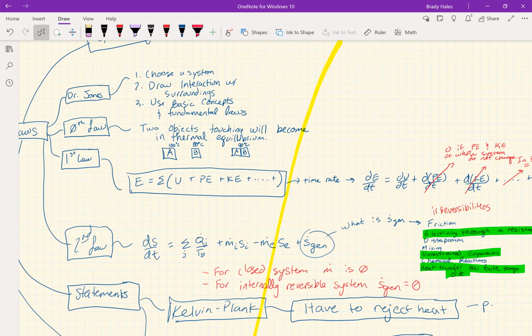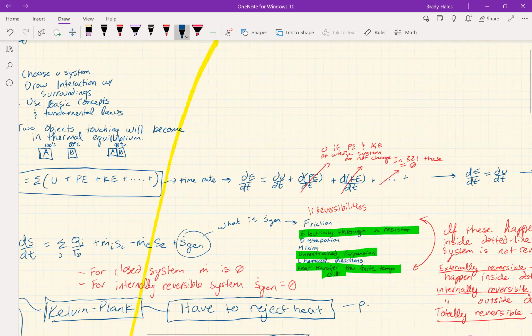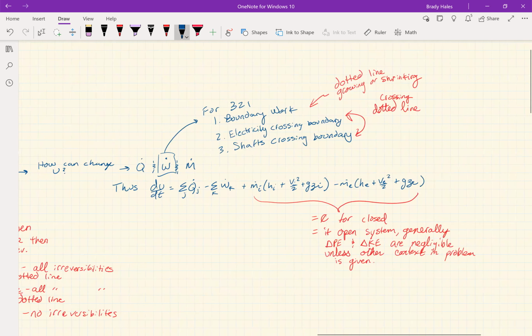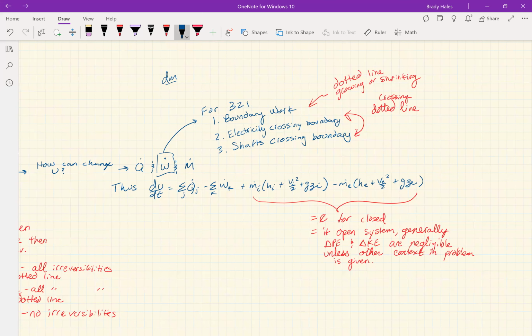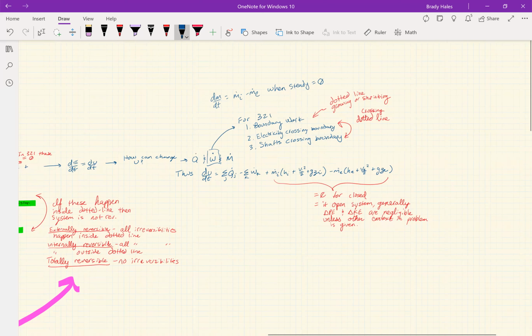Something that you might add here is just up here: dm/dt is equal to m dot i minus m dot e. Okay, when steady, it equals 0. Thus, m dot i is equal to m dot e, which is just equal to m dot.